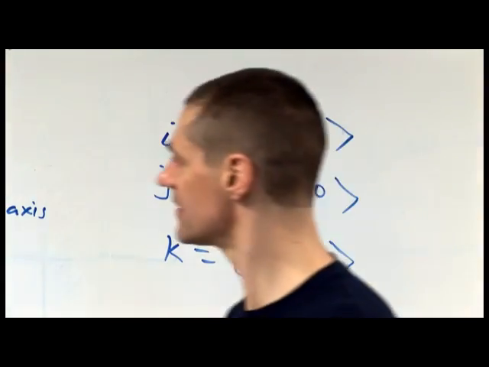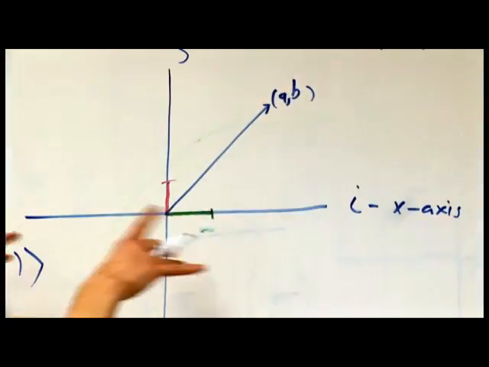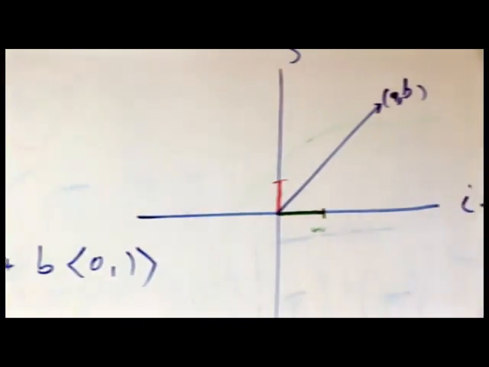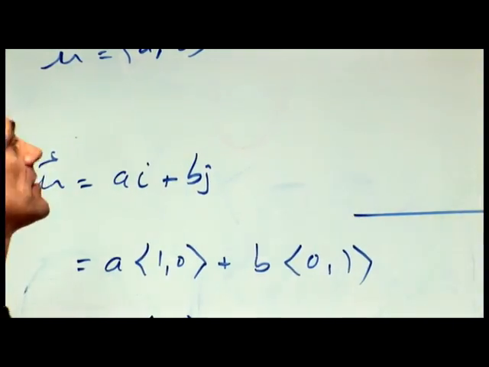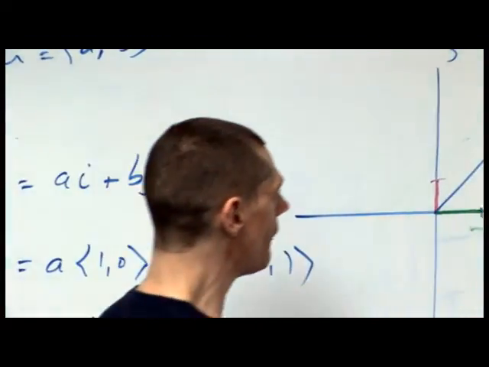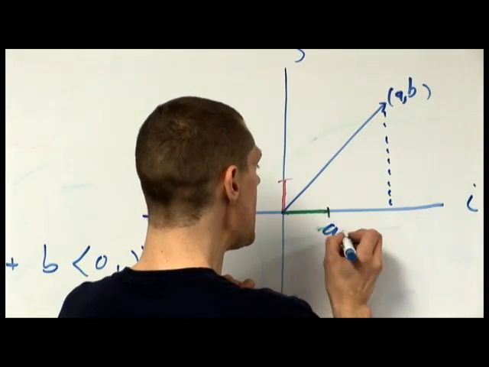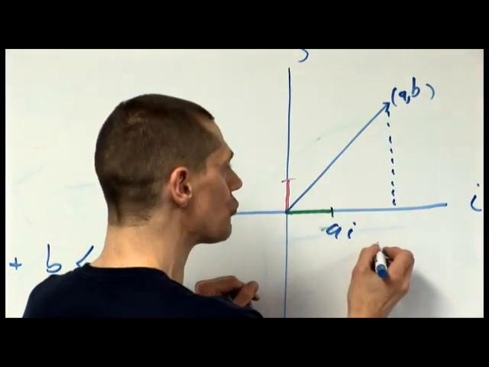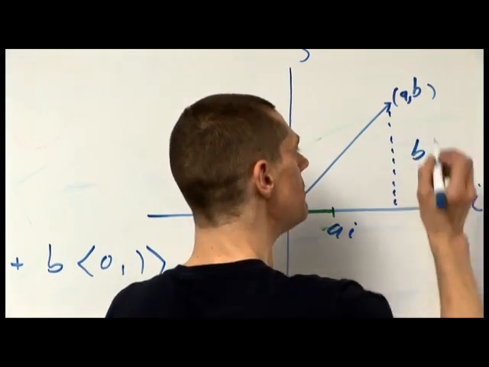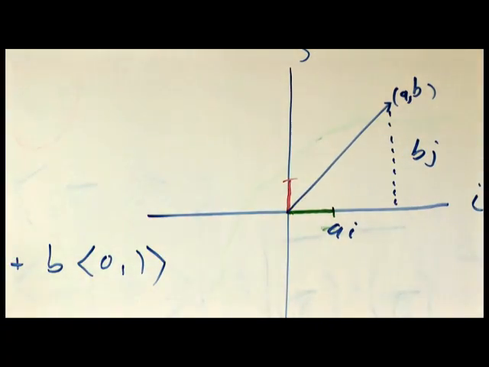And the span means that any vector in here can be decomposed into these units. And this is tremendously useful because you have (a, b) here, so that means that this is a times i here. This gives you tremendous amount of information, and this is b times j up here, all right?